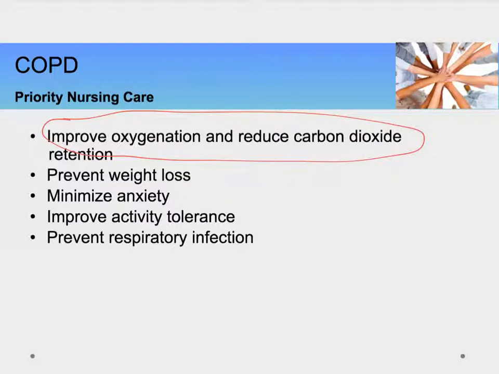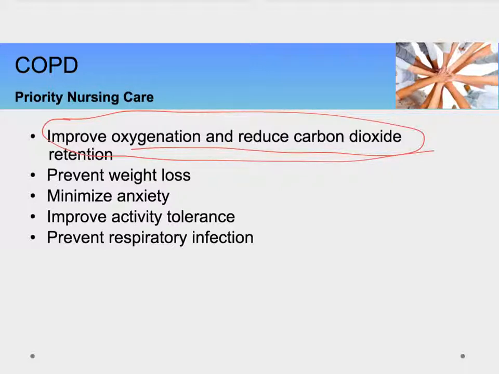There's an intervention that we know of called pursed-lip breathing. Pursed-lip breathing is a way to slow down a person's breathing so they breathe in their nose, out their mouth with pursed lips. That helps them to improve their oxygenation and reduce carbon dioxide retention. It's an organized way to breathe in and breathe out.